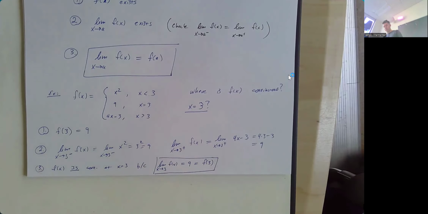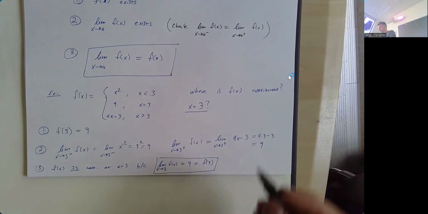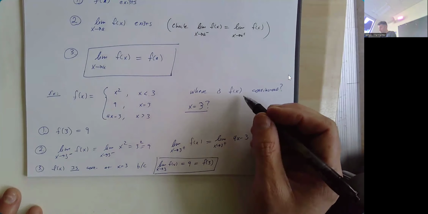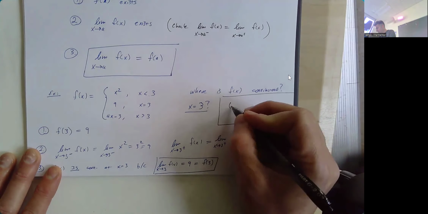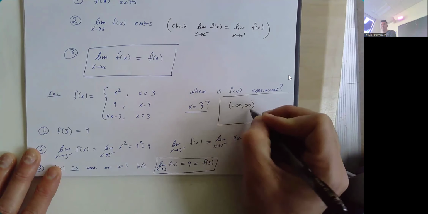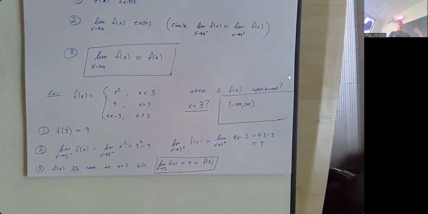And then furthermore, I should then go back and answer the original question, which is, where is this function continuous? This function is continuous everywhere. Because we already knew it was continuous everywhere except for 3, and now we have also seen that it's continuous at x equal to 3, so it's continuous for every real number.